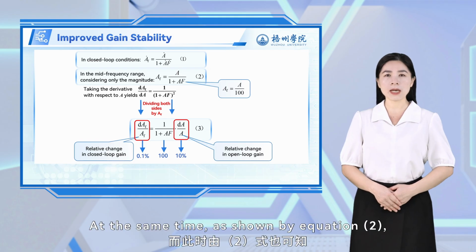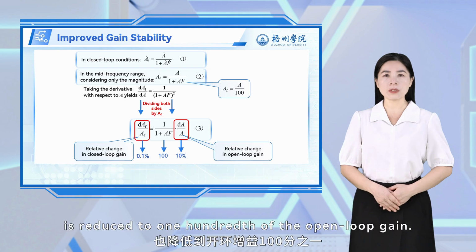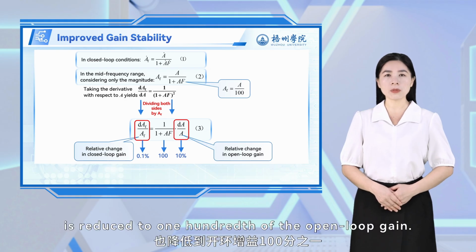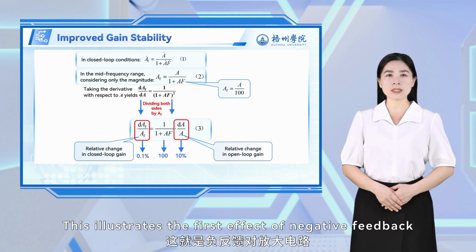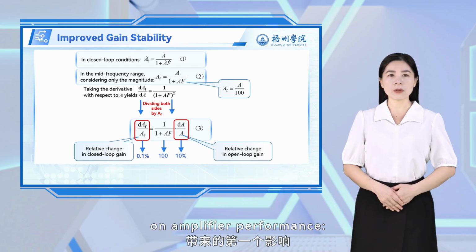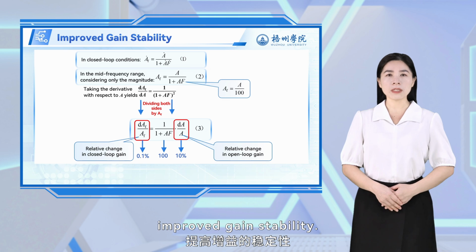At the same time, as shown by equation 2, the closed-loop gain AF is reduced to 1/100th of the open-loop gain. This illustrates the first effect of negative feedback on amplifier performance: improved gain stability.